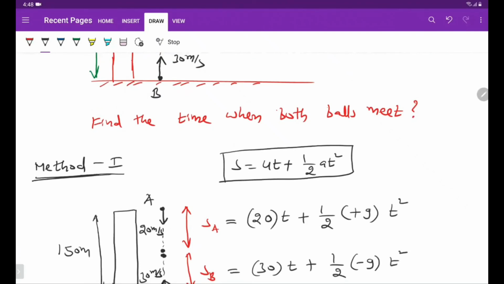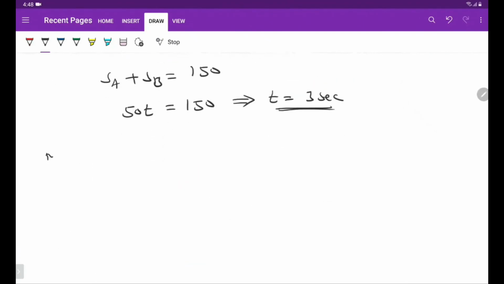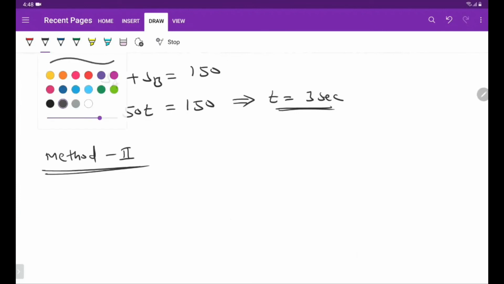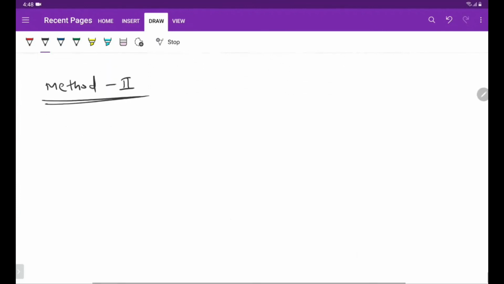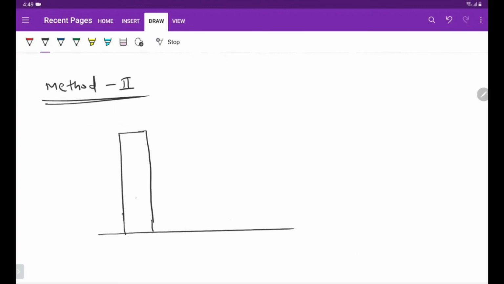Now if I use method two, the relative velocity concept. So this is the building. The height of the building is 150 meters. Ball A is going down with speed 20 meters per second.